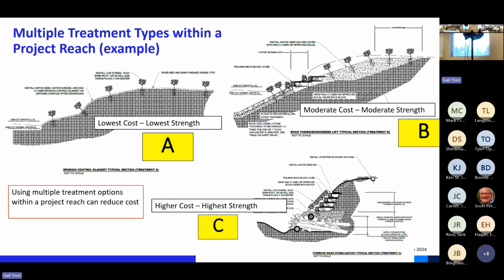If it's a straight reach with lower velocity, maybe that's where you do something lower strength and lower cost, and then something in between. It is a common approach. They just have to meet up nicely. You can't have radically different geometry, or it's going to be difficult to tie them together, and it just won't look very natural again.